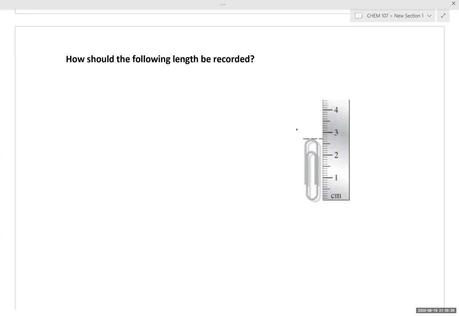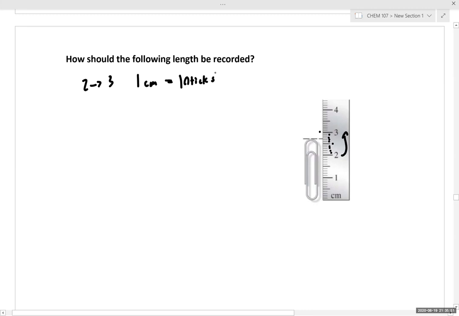Okay, so let's discuss this example. To go from 2 to 3, which is 1 centimeter, it requires a total of 1, 2, 3, 4, 5, 6, 7, 8, 9, 10 ticks. In turn, we know 1 tick is equal to 1 over 10, which is 0.1 centimeter.